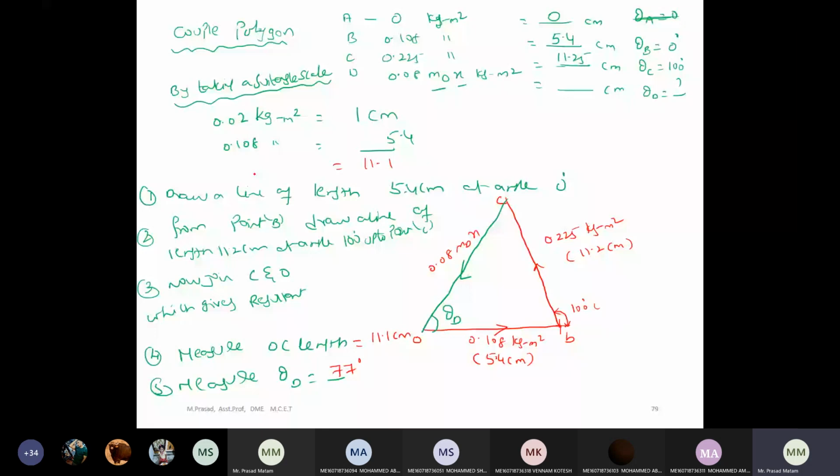Please answer this, dear students. Hello, please answer. 11.1 centimeter into 0.02, that comes as 0.322.